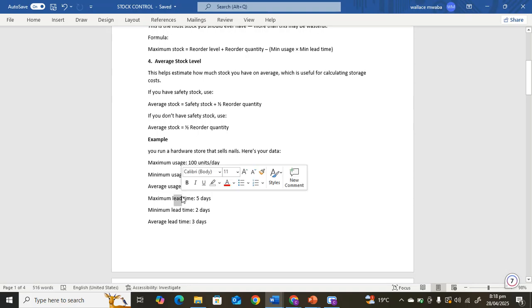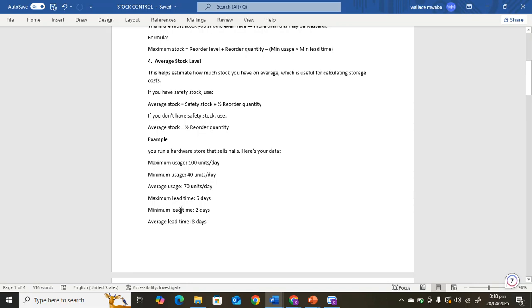Lead time is how long it takes for your stock to arrive from your supplier. For this company, if they order nails, the maximum time they can wait is 5 days for the order to come in, and the minimum is 2 days.